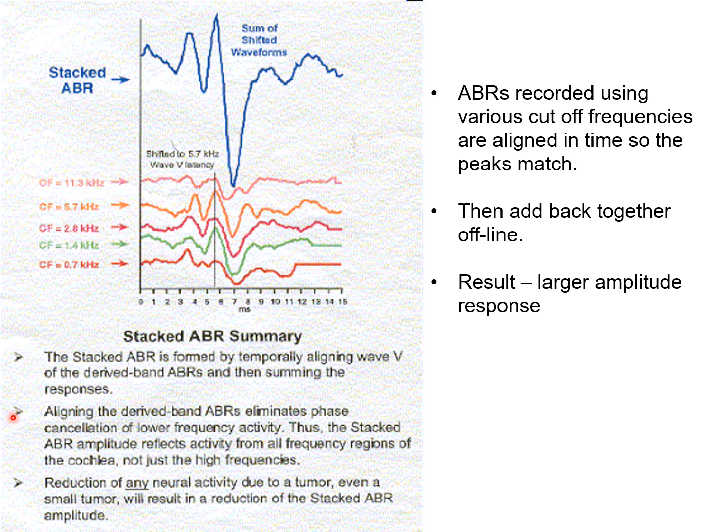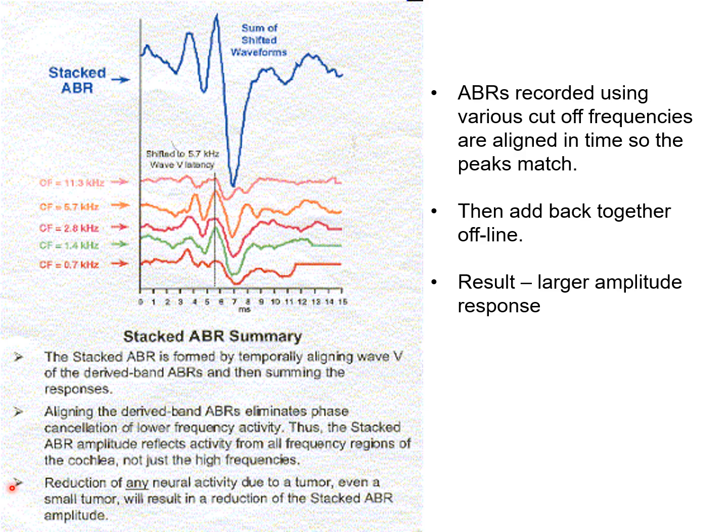Thus, the stacked ABR amplitude reflects activity from all frequency regions of the cochlea, not just the high frequency regions. So this is beneficial because we not only have a big amplitude of wave five, it also represents all the high frequency, mid frequency, and low frequency components, not just the high frequencies.